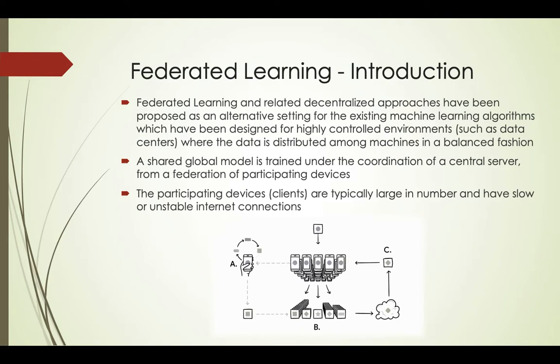So basically, we have a server that can do a certain process, but it needs a lot of power to do it, and it needs a lot of data to come from a lot of clients. So what federated learning is that you take the data from the clients and you send it to the server, and then the server is going to be doing the processing for all of their data and present the results afterwards.